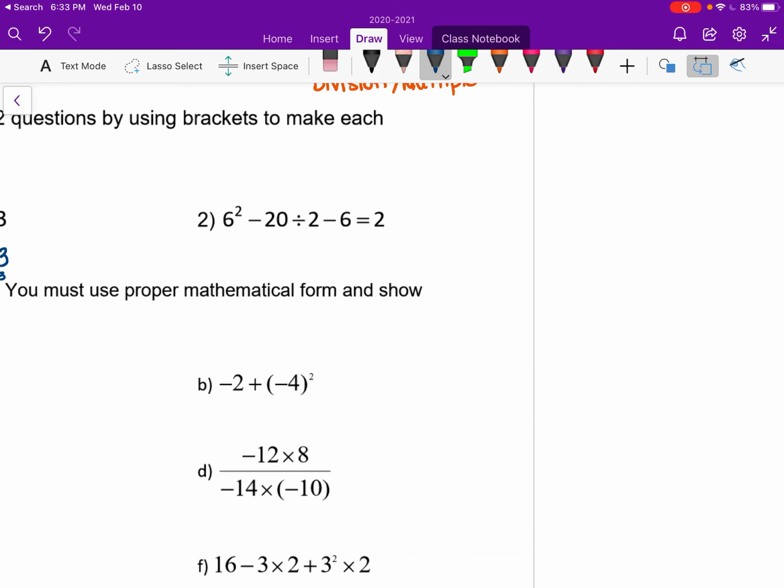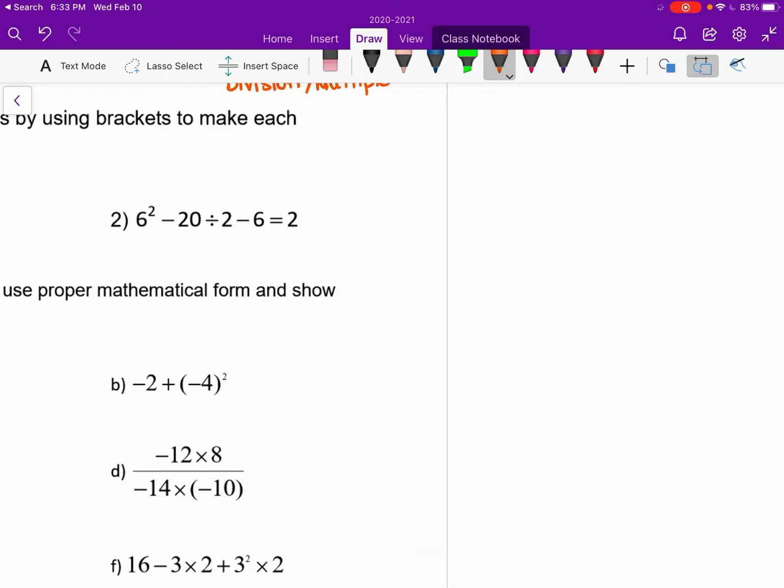Now here, before I do anything, if I'm just going to do this without brackets, I'm going to do 6 squared first because there's no brackets. 6 squared is going to give me 36. 36 minus, I have to do this first as well, 20 divided by 2, which is going to give me 10, minus 6 equals x.